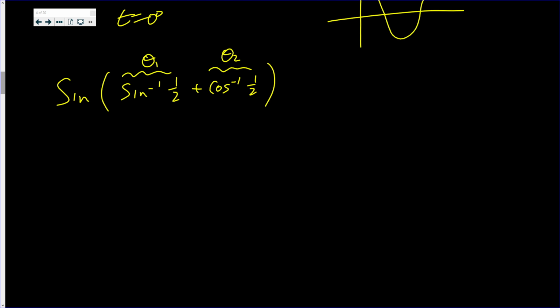Now, we can use the sum rule. We can say the sine of theta 1 plus theta 2 is the sine of theta 1 times the cosine of theta 2 plus the sine of theta 2 times the cosine of theta 1. And that would work, but there's something more going on here.